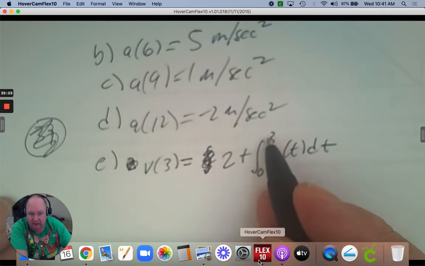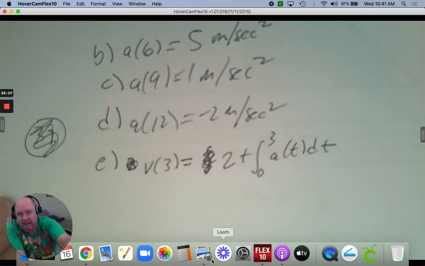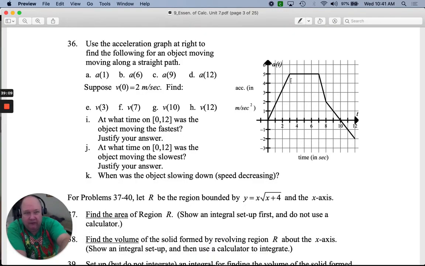Then we integrate to find the velocity from 0 to 3, and put that all together. Off the graph, that's just a triangle. If you integrate that, find the area of that triangle. That's half the base, which is 3, times the height, which is 5. So it's just 2 plus half of 15, so it's 9.5. And it's meters per second.